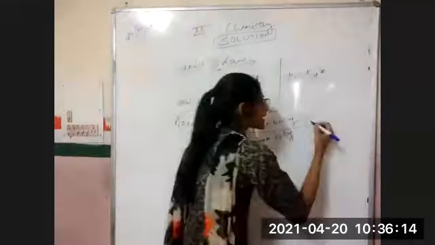When we put solute into the solvent, the vapor pressure decreases due to the presence of foreign particles. Lowering means going down. So P1 naught minus P1 equals delta P. This is known as relative lowering of vapor pressure.